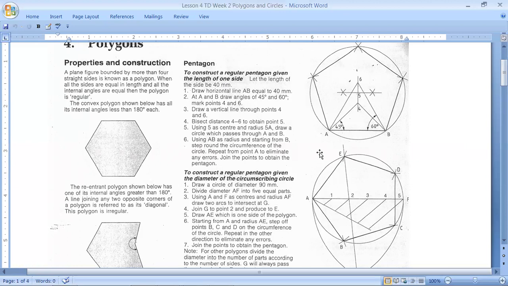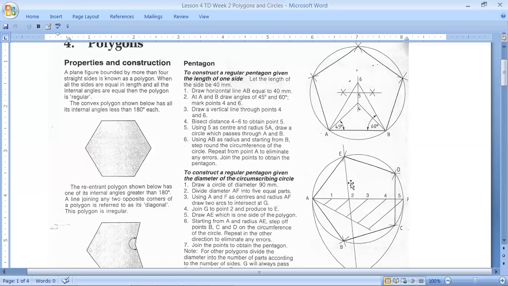When the polygon is given the length of one side, we're going to use method 1. If it's given the diameter of the circumscribed circle, we're going to use method number 2.